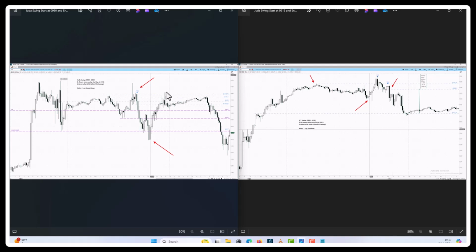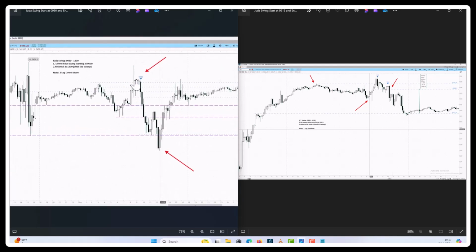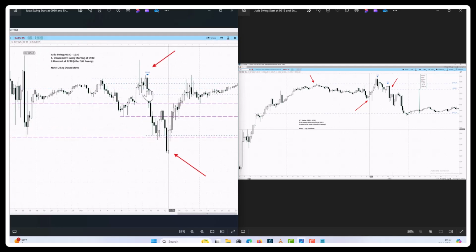It raided the low of the prior day, and right here we see the signal to short also, because we saw the setup before.